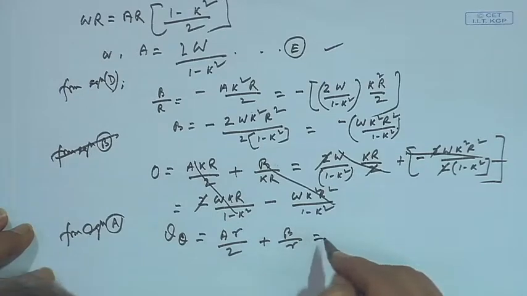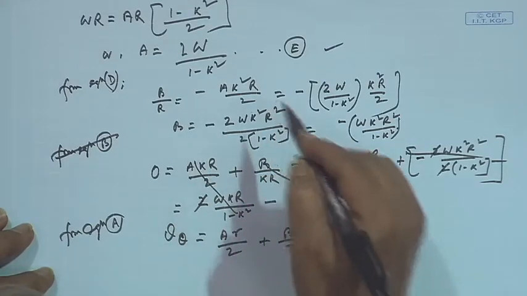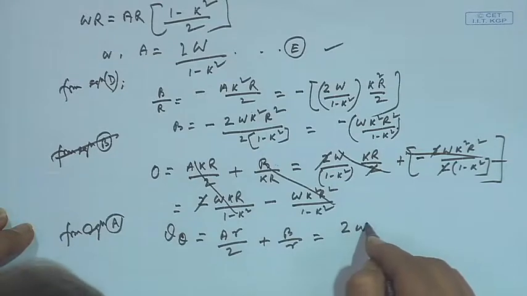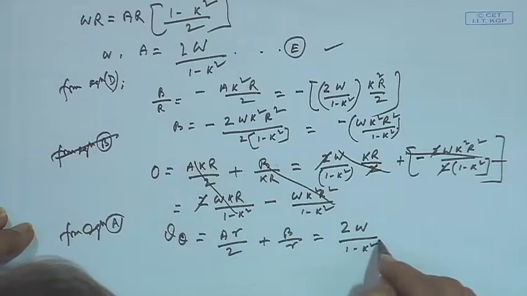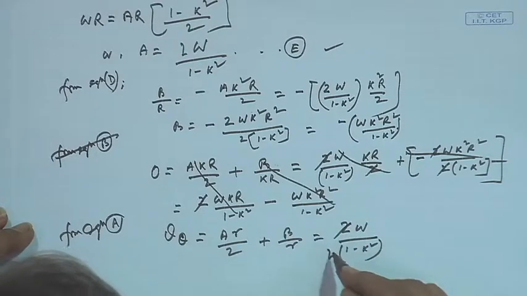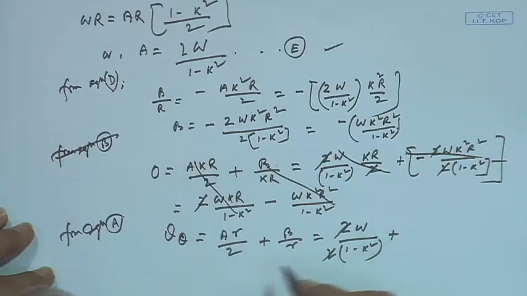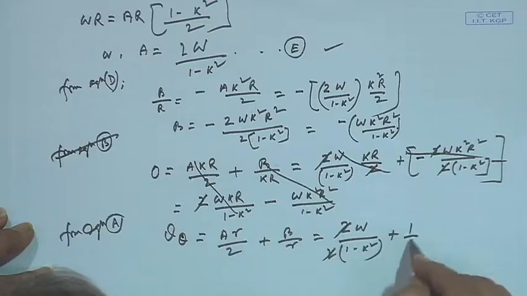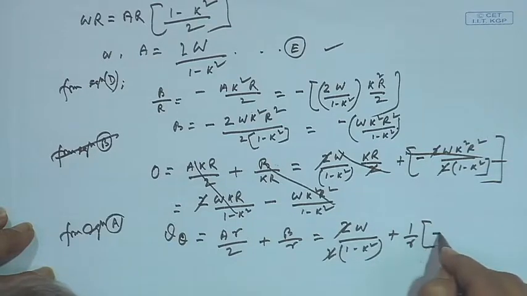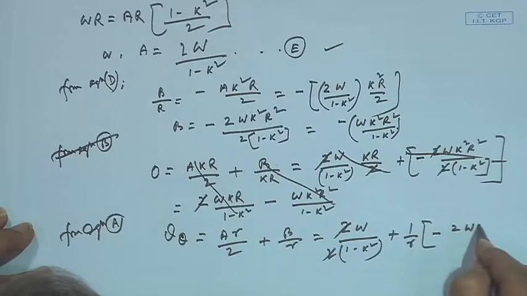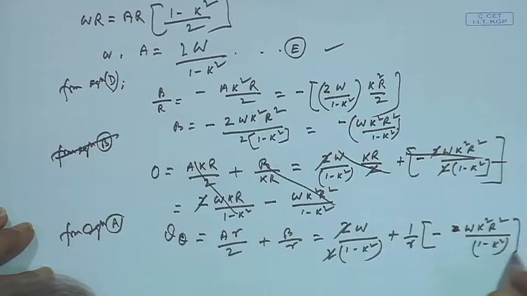So, here we are substituting A as 2 omega by 1 minus k square into 2. So, this 2 goes out, this is R by 2 plus B, or 1 by R into minus 2 omega k square R square divided by 2, this 2 of course goes out. So, 1 minus k square, right.